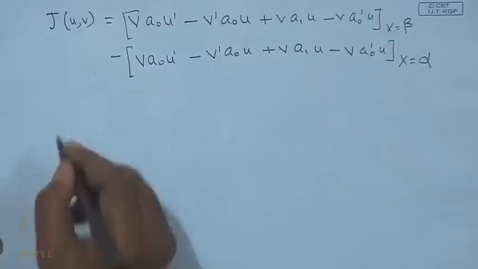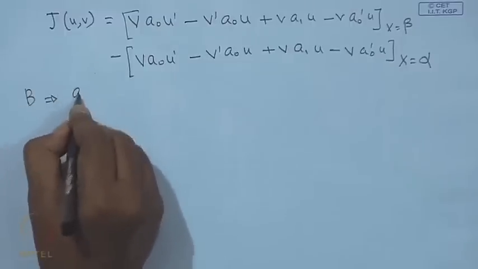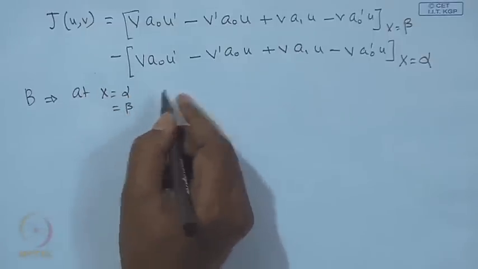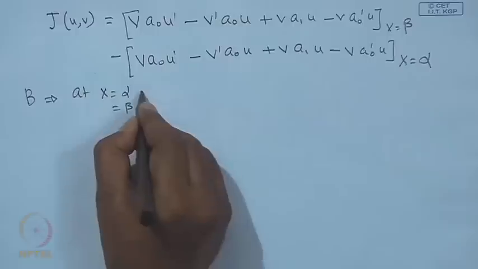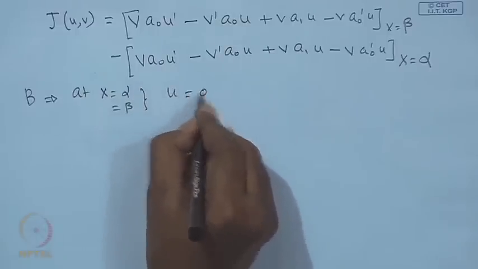Now, we have already seen, if you look into the boundary condition of B, that at x is equal to alpha and x is equal to beta, we had u is equal to 0.